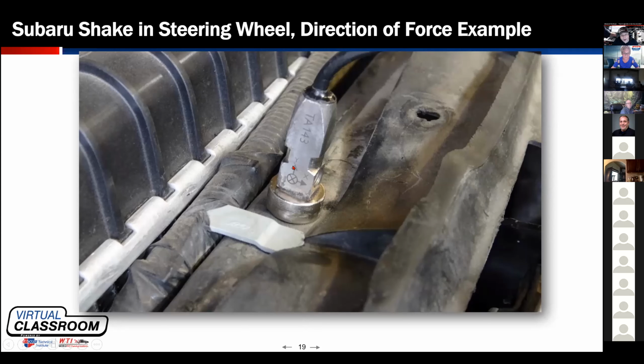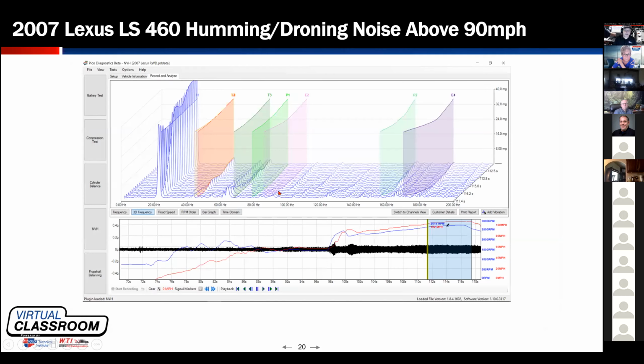So if you're going to use direction as an indicator of vibration, then you have to make sure that your orientation on the car is designed where X goes forward and aft, Y goes in a vertical direction, and Z goes side to side.